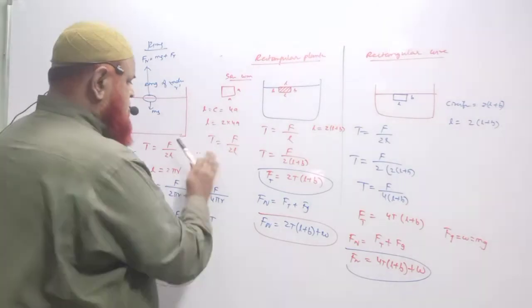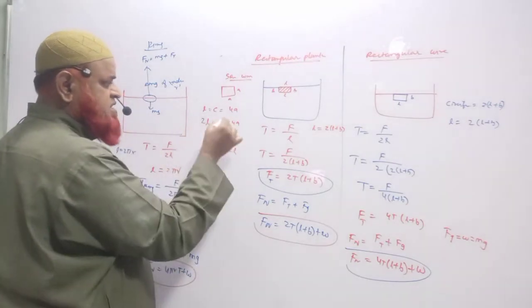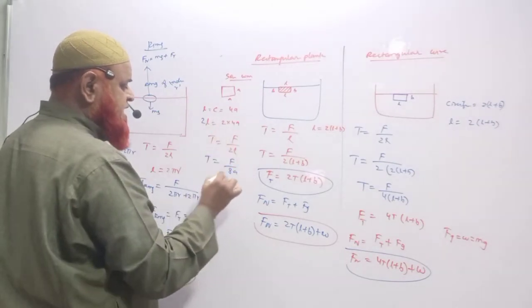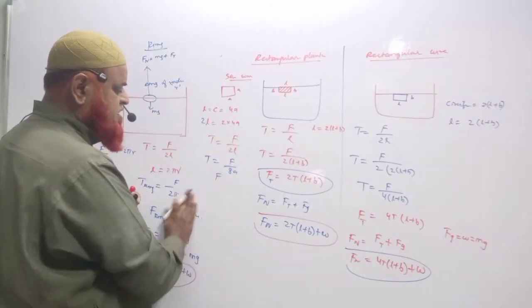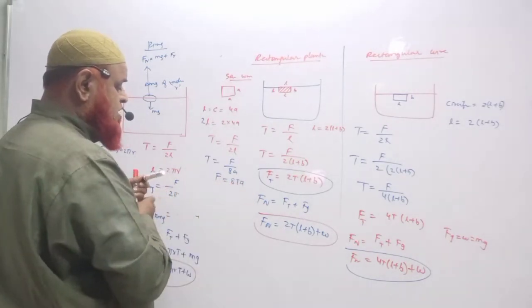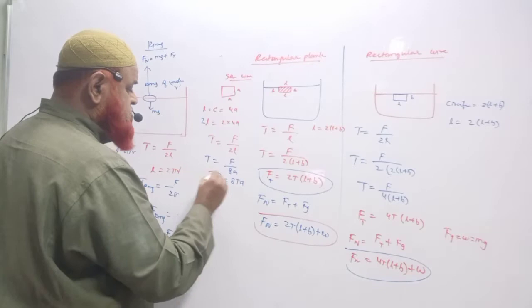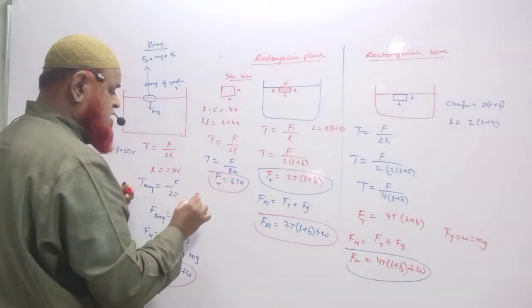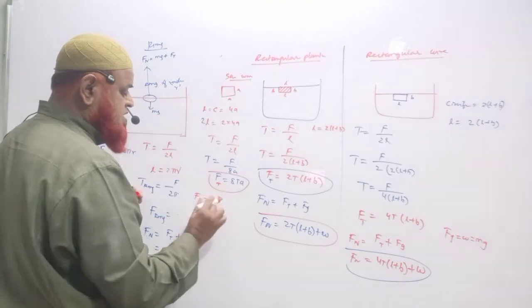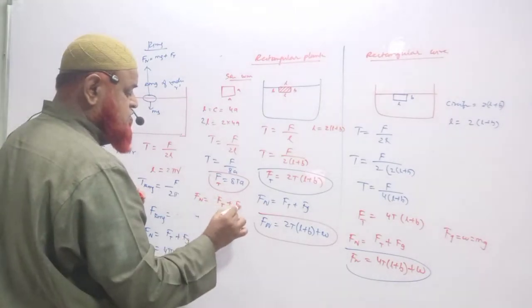Understand? So therefore, the total length, 2 times the length here, becomes T is equal to F by 8A. So force is going to be how much here? Force is going to be 8T into A. This is called the force due to tension here. Therefore, the net force is considered as the force due to tension plus the force due to gravity.